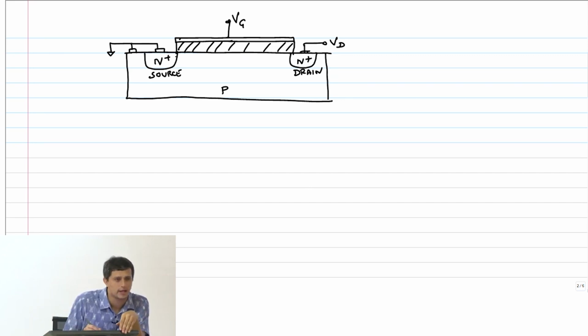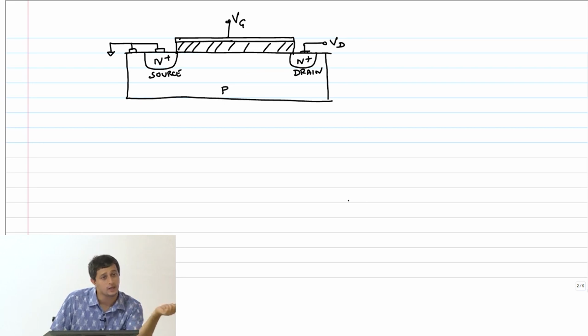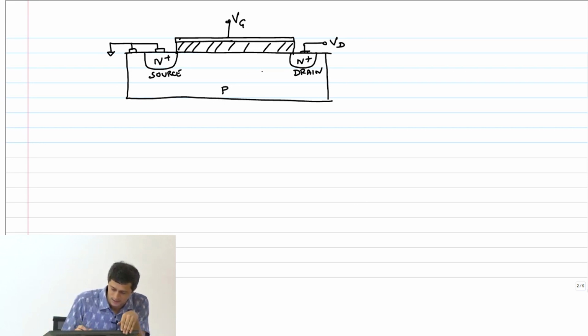The source basically sources the charge carriers, the drain collects them, that's why the names source and drain. So in an NMOS transistor, the current is because of electrons, so current flows from drain to source, opposite to the flow of charges. So the IDS is basically like this.